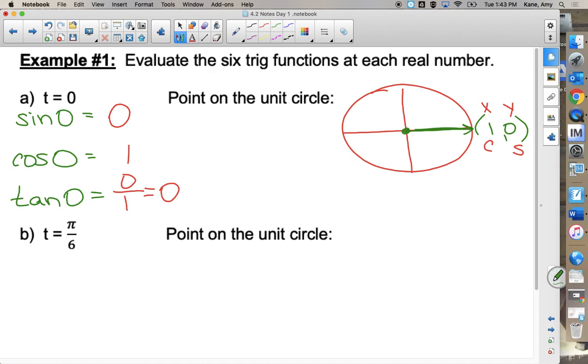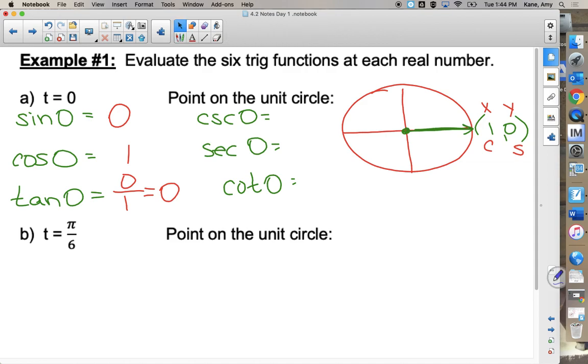So right next to it, we have cosecant of 0, secant of 0, cotangent of 0. So, Jacob, what is the cosecant of 0? What is 1 over 0? Undefined.